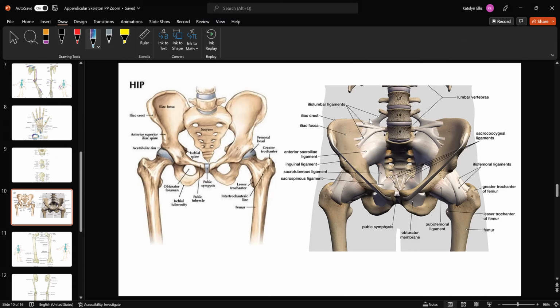And when you see these iliolumbar ligaments, this one I want to bring up in particular for massage as well. This one right here, this iliolumbar ligament.